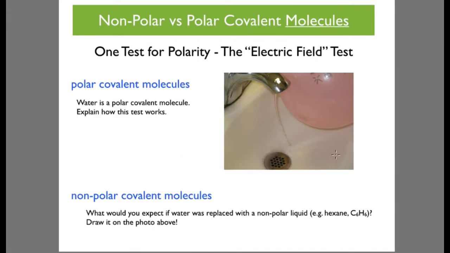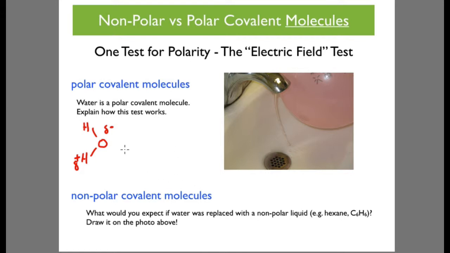You can test for polarity with the electric field test. Polar covalent molecules are, I guess, a bit like tiny magnets, okay? And water is a polar covalent molecule. If I was to draw water here, like so, this side of it is delta positive, and this side is delta negative.